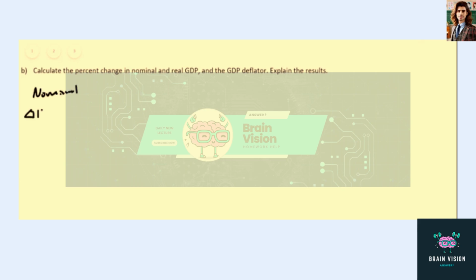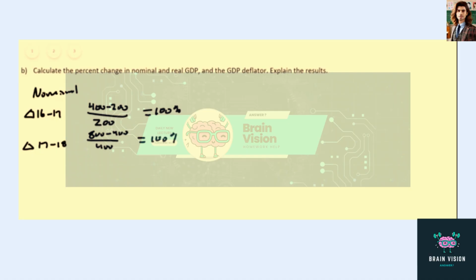The change between 16 and 17 is 400 minus 200, this is just using the results from the first part of the question, which is a 100% change. And the change between 2017 and 2018 is 800 minus 400 over 400, which also is a 100% change.